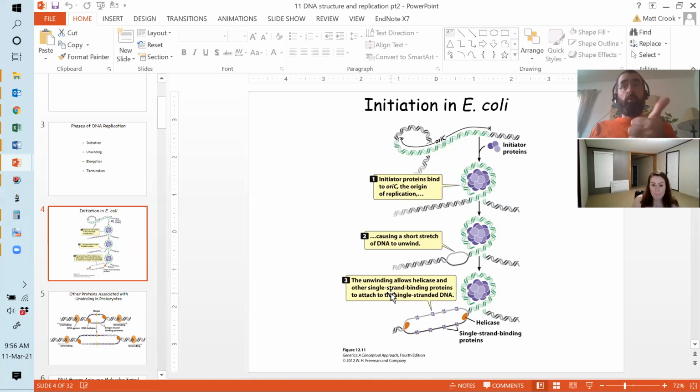Actually, there's replication fork and there's replication bubble, right? Essentially, a replication fork is the leading point at which the DNA is being unwound, and that's moving forward down the original DNA double helix, right?